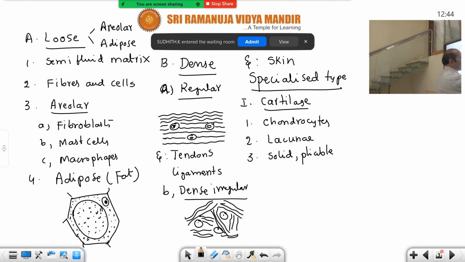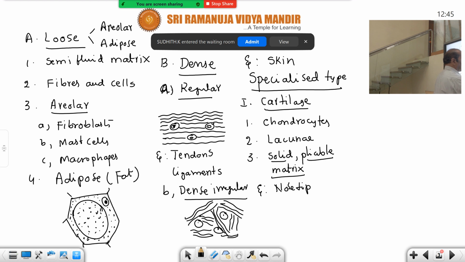This description of the matrix should not be forgotten: solid pliable matrix. Hard non-pliable matrix is bone. Pliable means flexible. The pinna bends like this, so it is flexible. The tip of the nose also bends like this. So solid pliable matrix. Examples: the nose tip, simply given, direct examples.